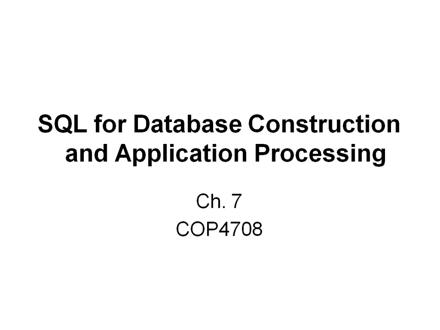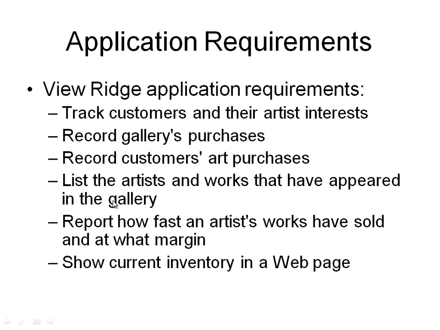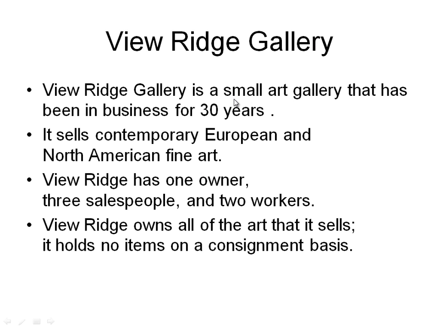In the last session, we started with Chapter 7, writing SQL code for constructing a database. And actually, we went through some of the code for the Viewridge Gallery, which is a small business that has one manager or owner and three salespersons, two workers.